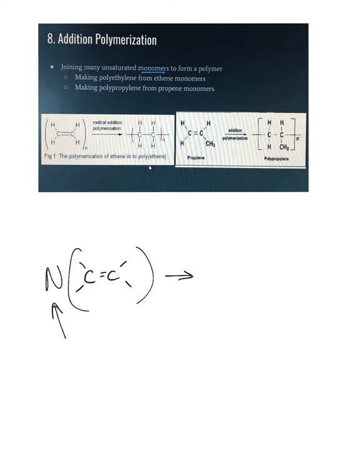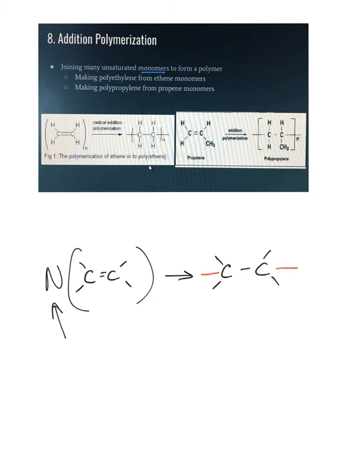Then what will happen is that double bond will break and become a single bond. I'm going to draw these black lines again. You'll notice now that you only have 1, 2, 3 bonds coming out of each carbon, and you need 4, so we put another line around that carbon. That's the new bond that was formed.